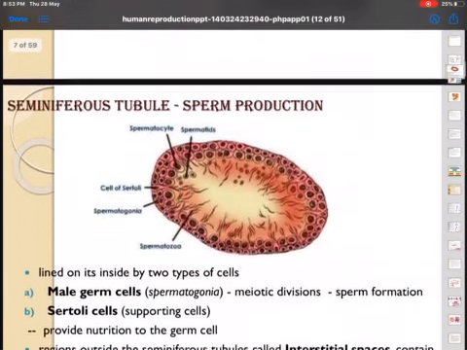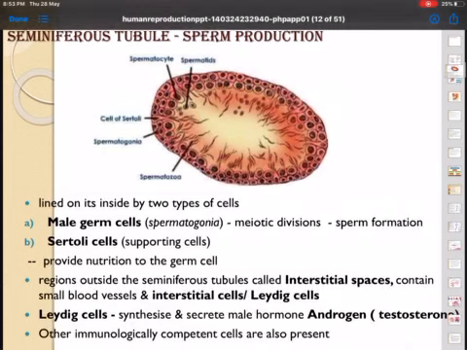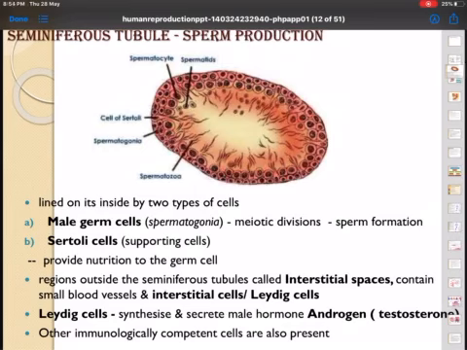And going ahead, in the section of the testis we can see this seminiferous tubule. Inside the seminiferous tubule, sperm production takes place, and you can see the different cells, namely spermatozoa, spermatocyte, spermatids, and of course Sertoli cells and spermatogonia.